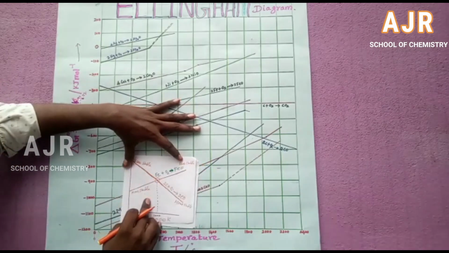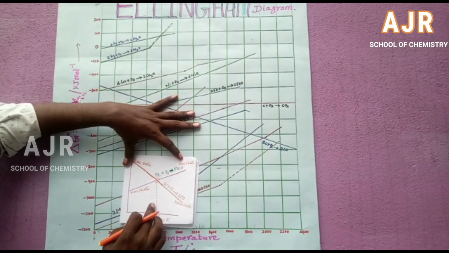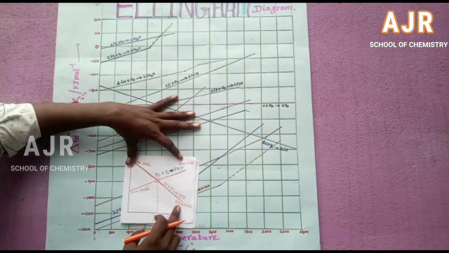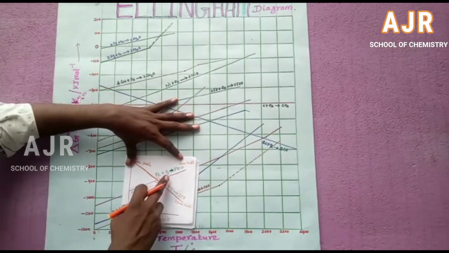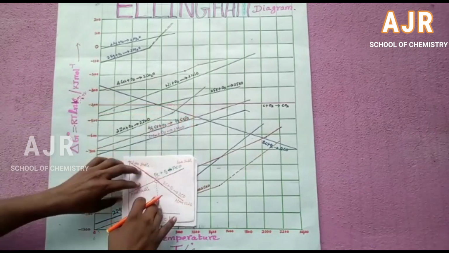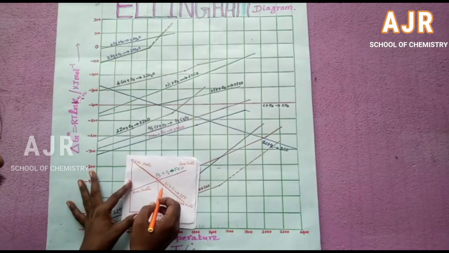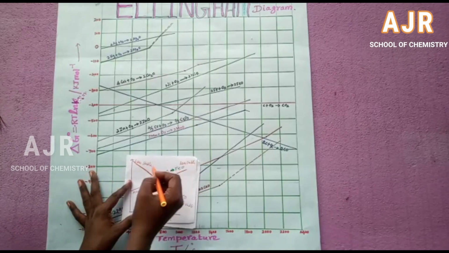In the previous case, FeO formation is more stable, but above 1000 Kelvin, CO formation is more stable at high temperature than your FeO. From this, we can say the coke or carbon can be used as reducing agent for FeO.